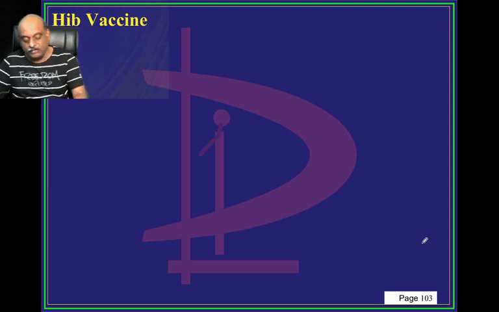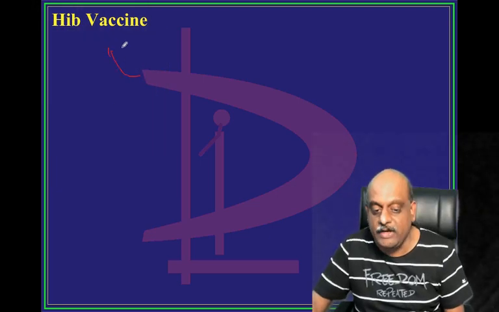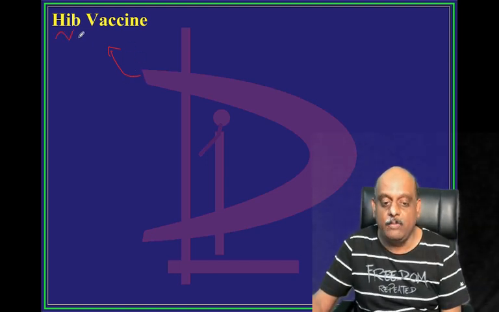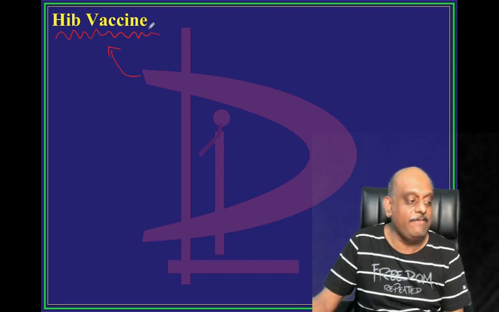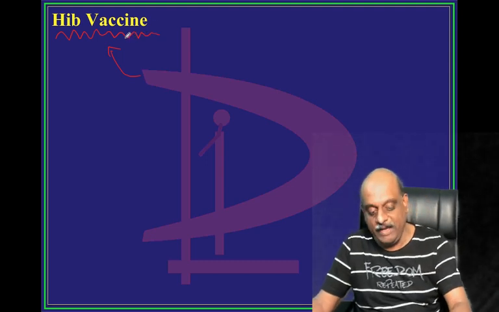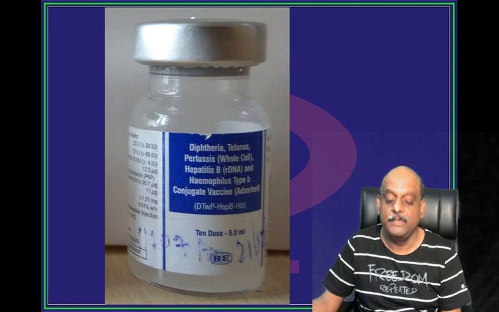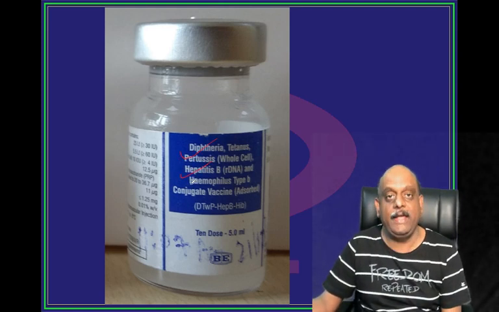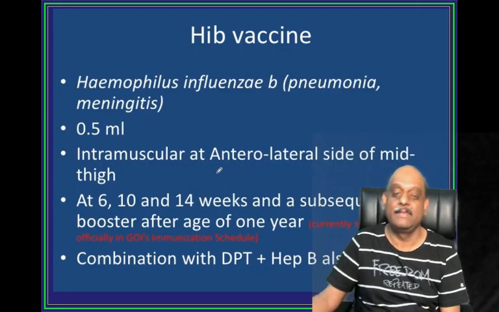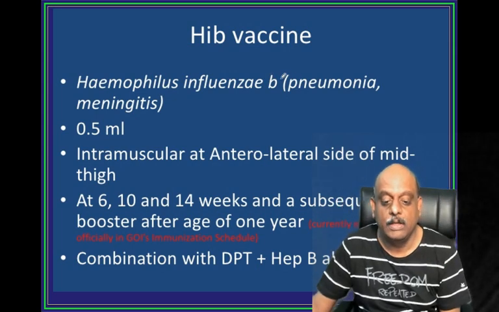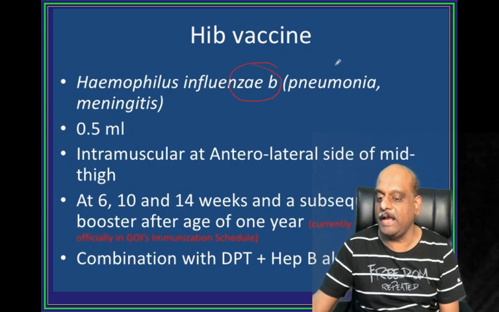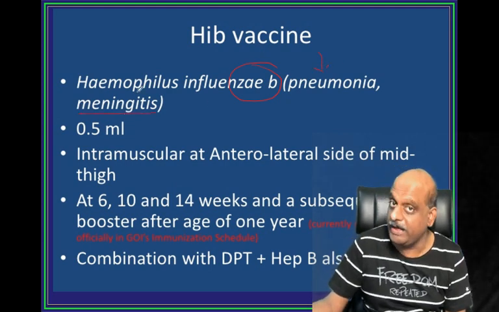Got it? Now, the next favorite question in the university exam is Haemophilus influenzae B vaccine. You have to be very, very sure about that. Once, have a look: DPT, Hepatitis B, Hib combined vaccine. Haemophilus influenzae B is a dirty organism because it can lead to pneumonia, it can lead to meningitis.